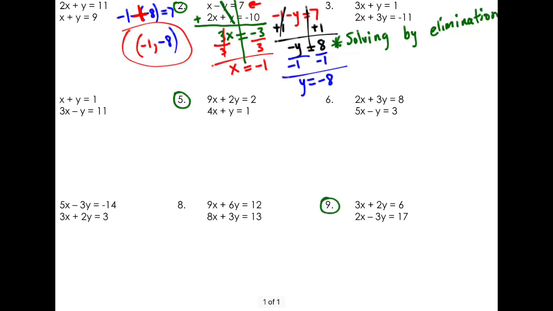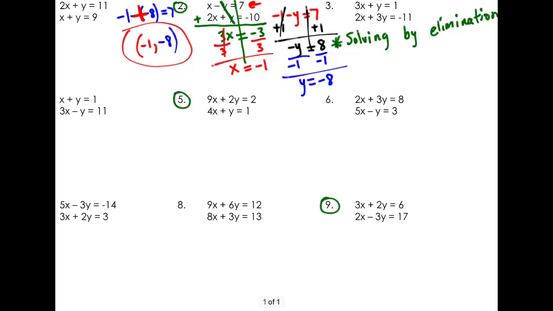All right, so let's look at number 5. We scan across this one, and we're looking to see if something can just be eliminated right from the beginning, and it cannot. So we have to make that happen. We have a y here, and we have a 2 there, so I always look at my lowest number to see if I can do the opposite of that on either the top or the bottom.